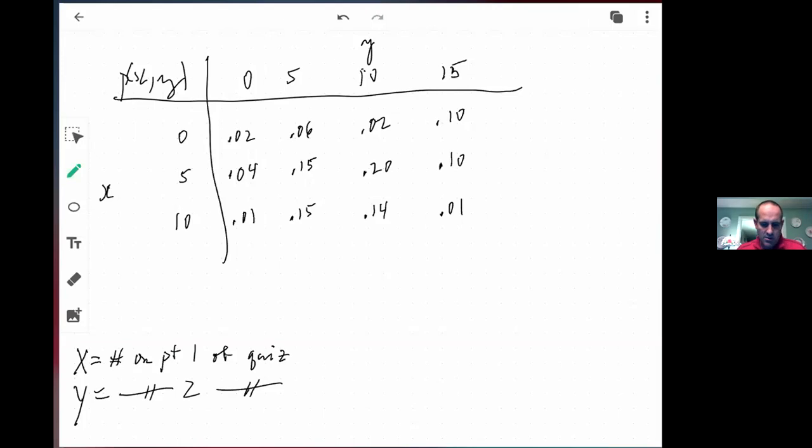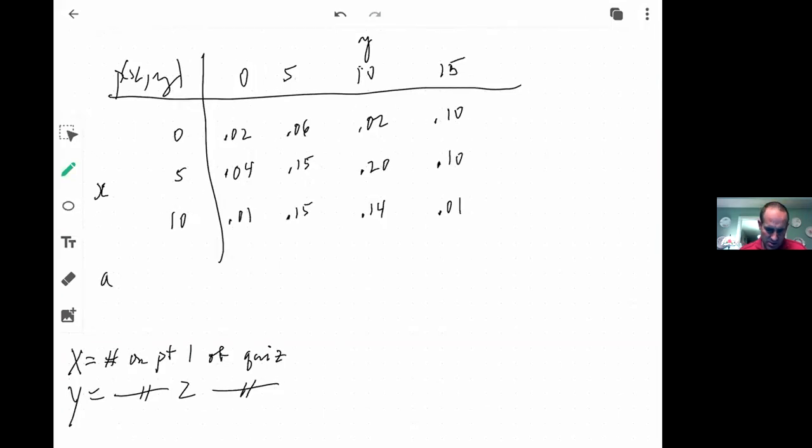And letter A that they wanted us to determine was, if the score recorded in the grade book is the total number of points earned, then what is the expected recorded score?